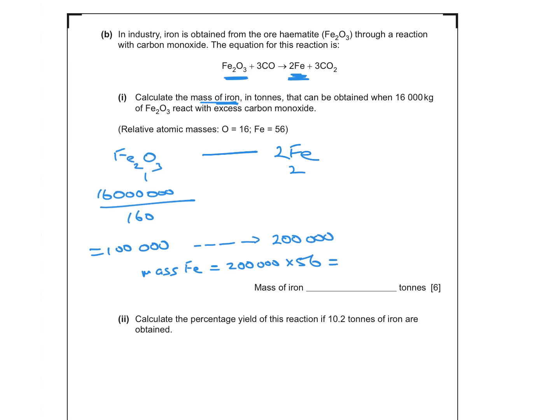And so that works out to be 11,200,000 grams. Now we want that in tons. Well, 1 ton is equal to 1 times 10 to the power of 6 grams. So if we move the decimal place 1, 2, 3, 4, 5, 6 places, that's 11.2 tons.